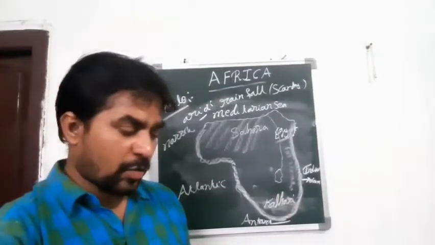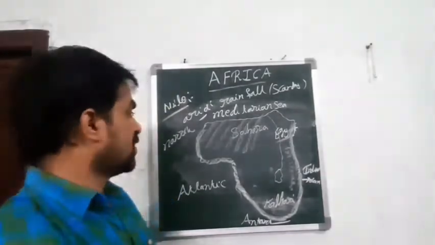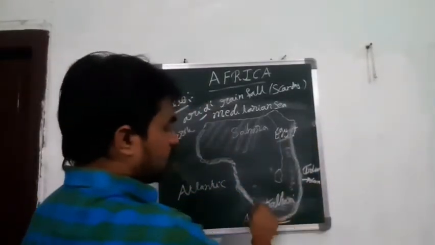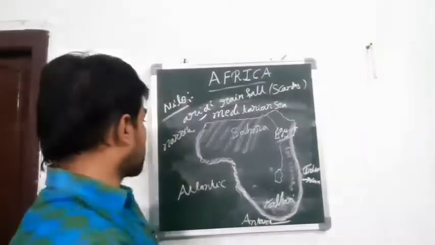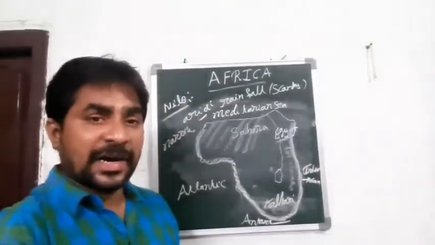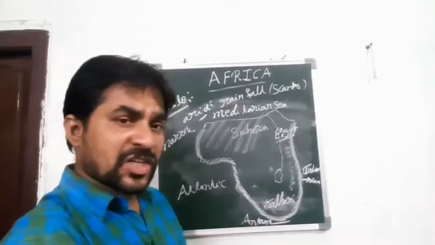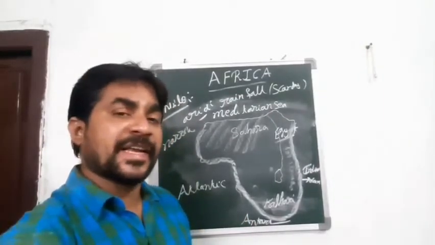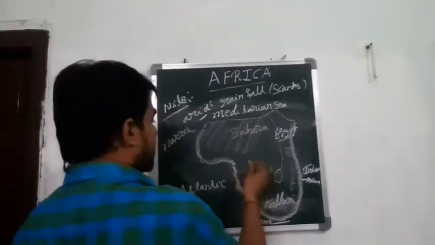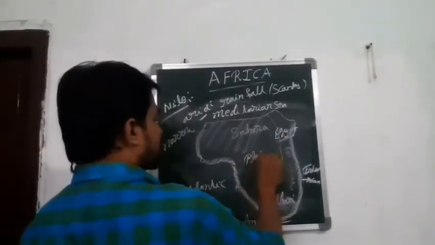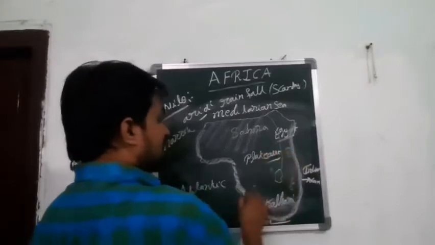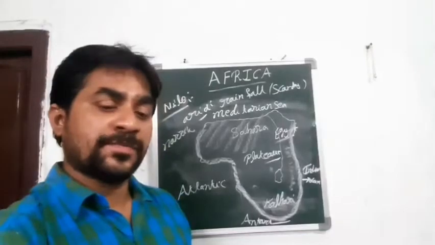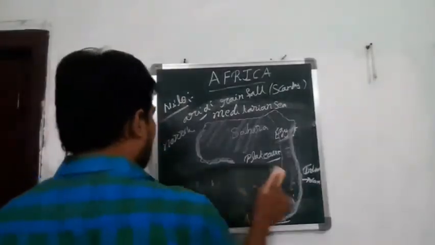In the region of Africa, near the coastal side, the plain is very narrow and the remaining area is covered with plateau only. So Africa is covered with more plateau, not more plain. That is one of the points.